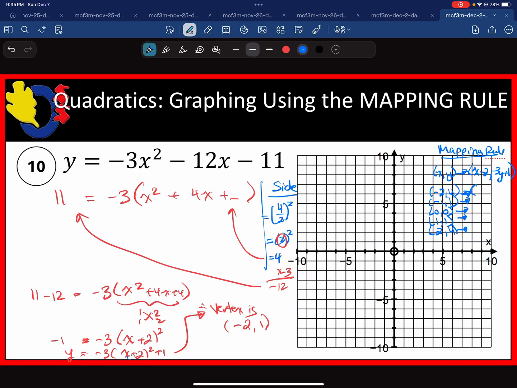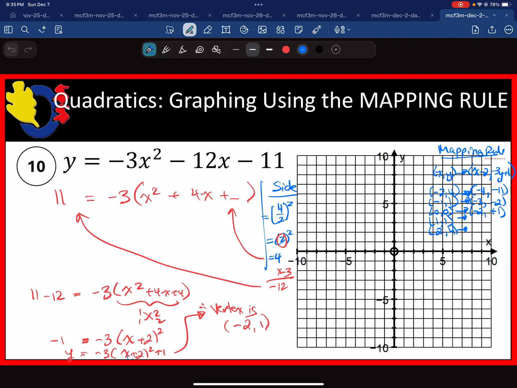Okay, then we're gonna sub in negative 2. So we're gonna get 4 times negative 3 is negative 12, plus 1 is negative 11. And so on, let's keep going. So we get negative 3, and negative 3 plus 1 is negative 2. 0, so we're gonna get negative 2 plus 1.